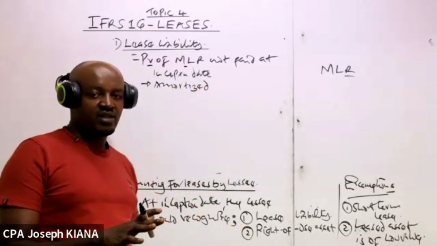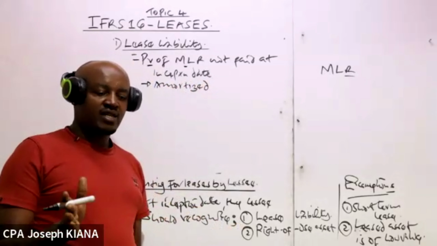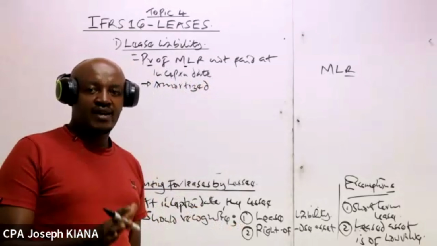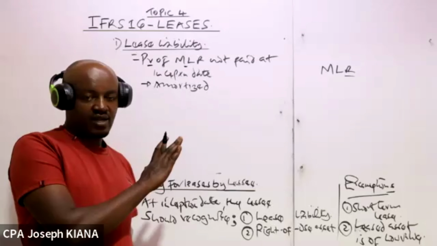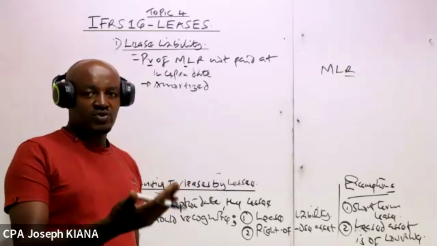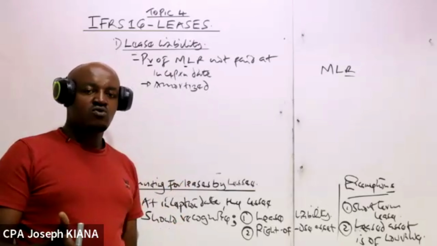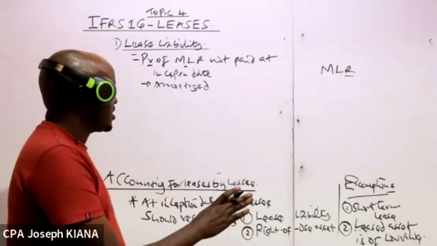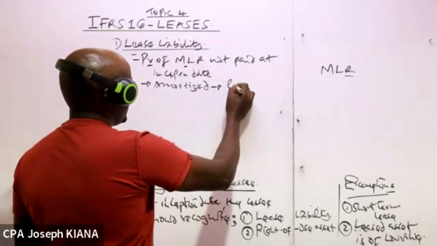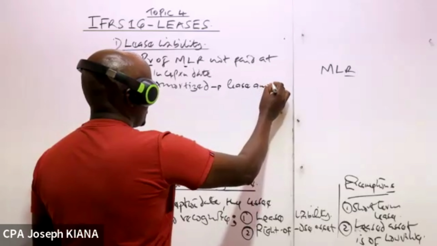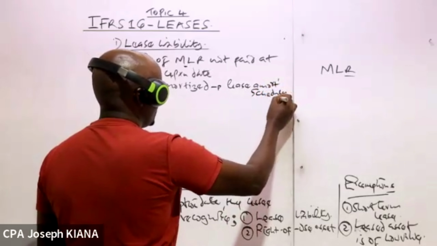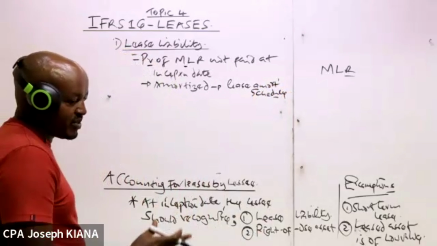To amortize a liability, or even to amortize an asset, is the process of gradually writing off an asset or a liability, such that the lease liability at the end of the lease term is reduced to zero, because it represented what the lessee has to pay over the lease term. So this is supposed to be amortized by preparing something called the lease amortization schedule. We are going to see how we prepare the same.